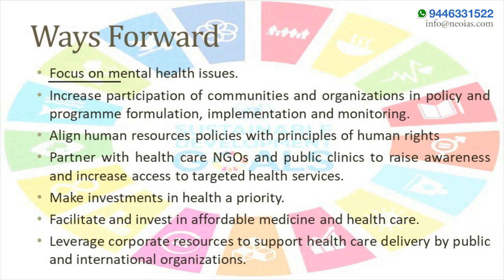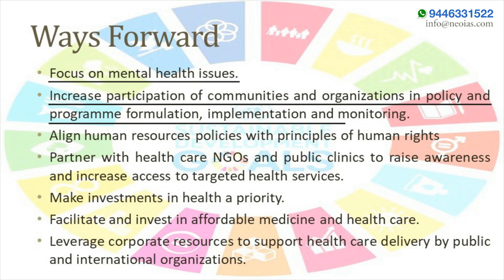India should focus on mental health issues. Increase participation of communities and civil society organizations in different stages of policy and program formulation, implementation and monitoring. For example, through inclusion of CSOs in technical and decision making bodies, capacity building of community volunteers and social audits of the program.